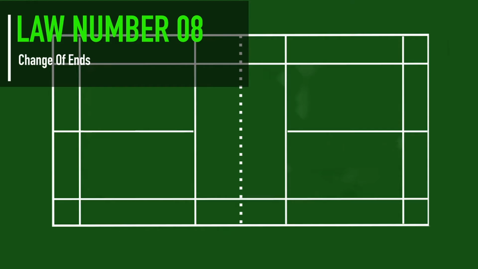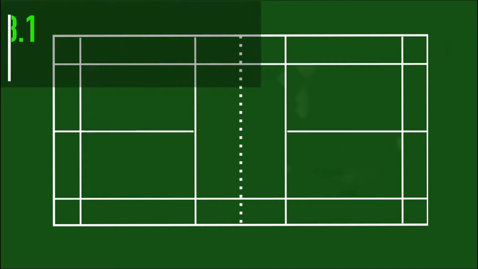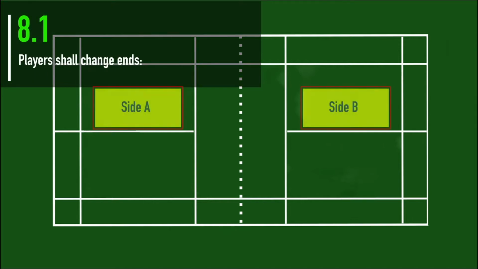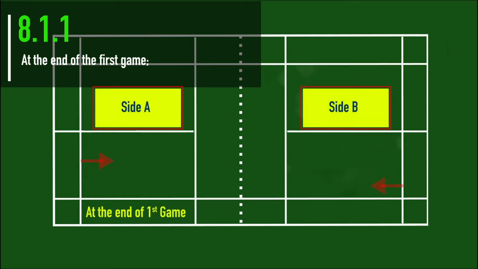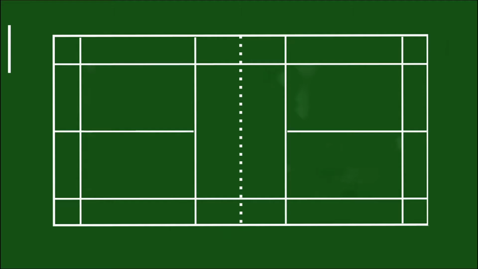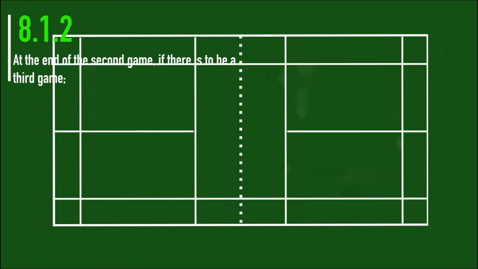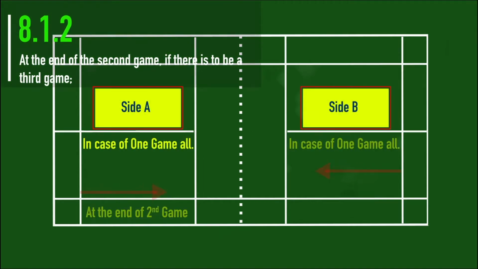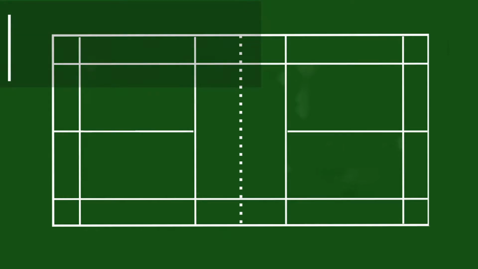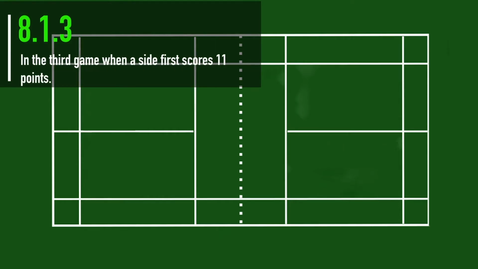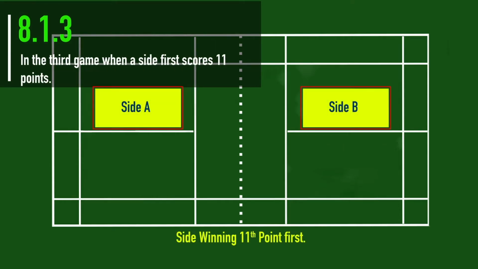Law number 8. Change of ends. 8.1. Players shall change ends at the end of the first game, at the end of the second game if there is to be a third game, and in the third game, when a side first scores 11 points. 8.2.